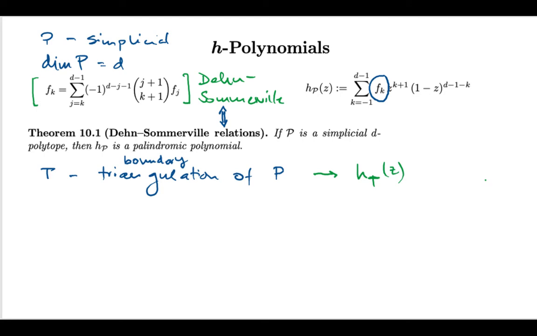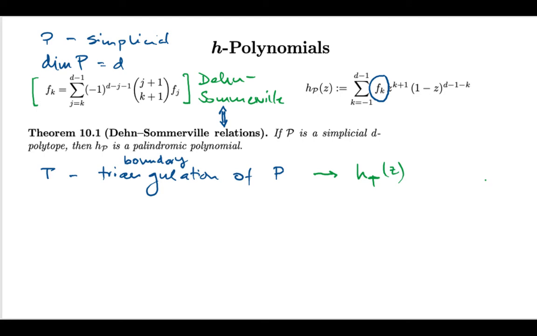And if you look at my definition of the h-polynomial of a polytope, we're recording the face numbers of dimension up to d minus 1. So I will literally repeat the definition that you see on top here for polytopes and compute the h-polynomial of a triangulation the same way. It's just that my face numbers come from the simplices.